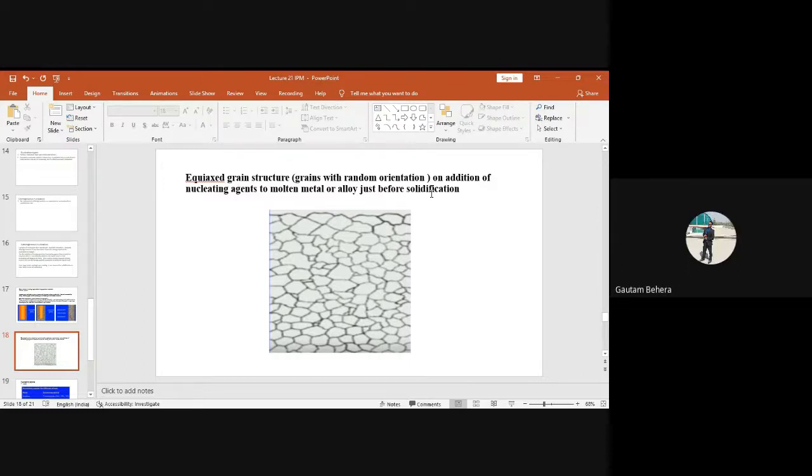Because they are of nearly the same dimension. They have grown equally in all directions and they have random orientations. But columnar grains are what? They are elongated grains, bigger grains, and they have a directional property. So equiaxed grains will give you isotropic property. But if columnar grains are there, they may give you what? Anisotropic property, right?